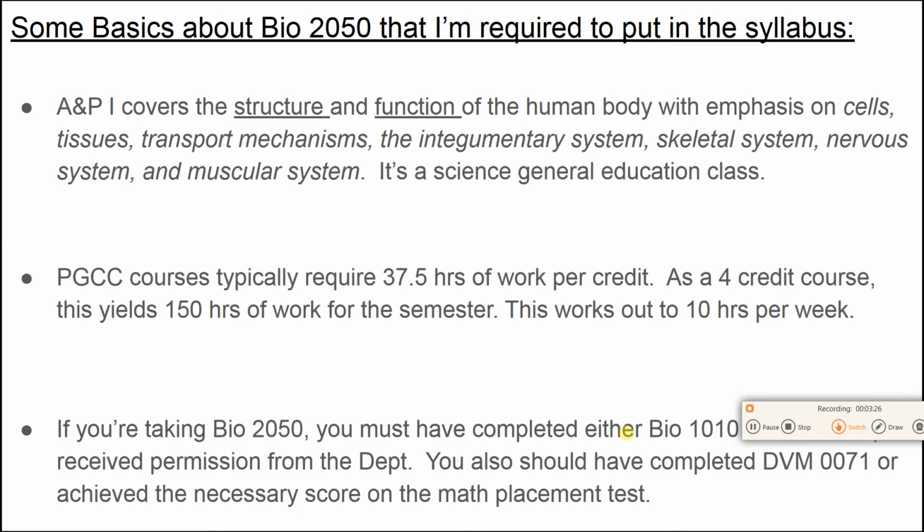In A&P 1, we emphasize things like cells, tissues, transport mechanisms, like how things are moved into and out of cells, the integumentary system, in other words, your skin, the skeletal system, your bones, the nervous system, your brain, your spinal cord, and all your nerves, as well as the muscular system.